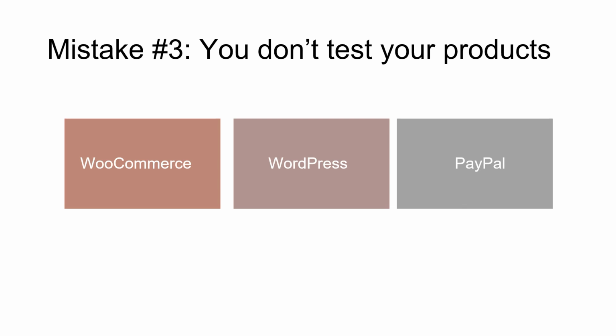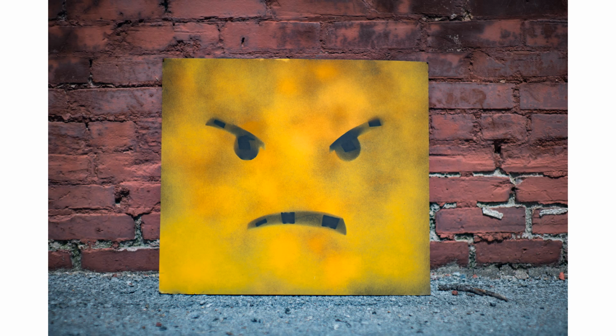What's nice is that WooCommerce can notify you whenever a sale comes in. And then if you're using PayPal like I do, PayPal will need to be integrated. And usually this is a one-time thing. However, sometimes PayPal does updates, and you just want to make sure before any major launch of a product that all of these components are working. If you're in a hurry and you don't test, you might get a lot of angry customers wanting refunds.